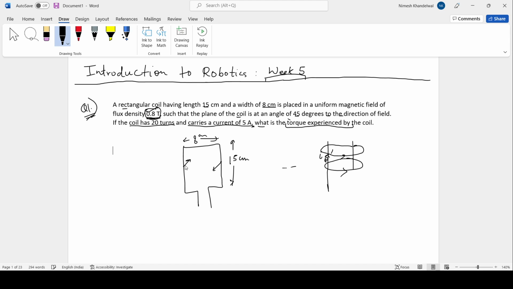The moment is generated because there are forces on both the arms in opposite directions, since the direction of current in both the arms is opposite. So there will be a net moment created on this coil because of these forces.